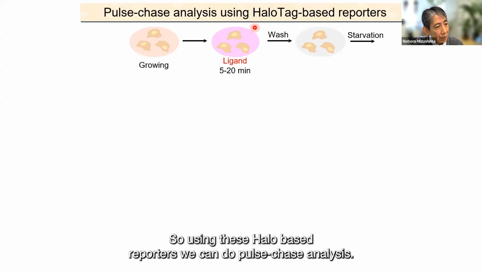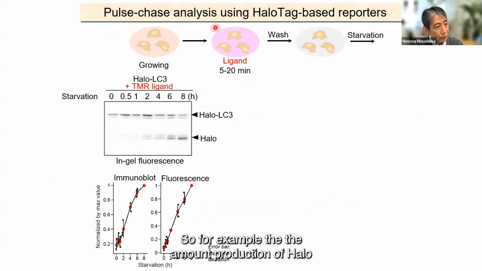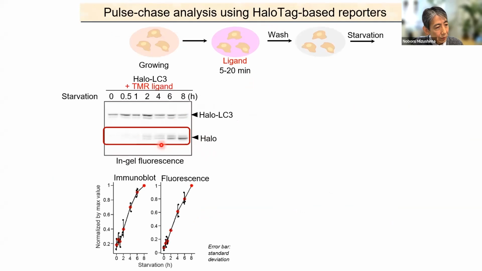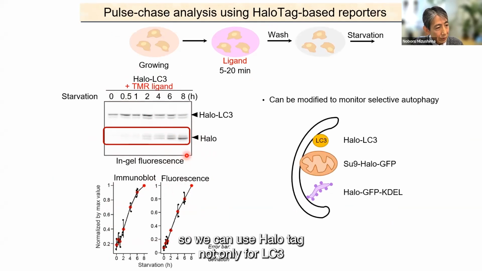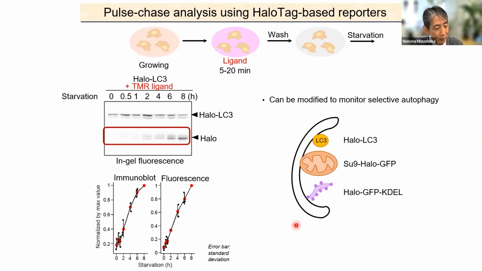Using these Halo-based reporters, we can do pulse-chase analysis. For example, the production of the Halo fragment was very nicely detected during starvation. Its amount increased very linearly, and the results were highly reproducible. We can use the HaloTag not only for LC3 but also for any selective cargos such as mitochondria and the ER.